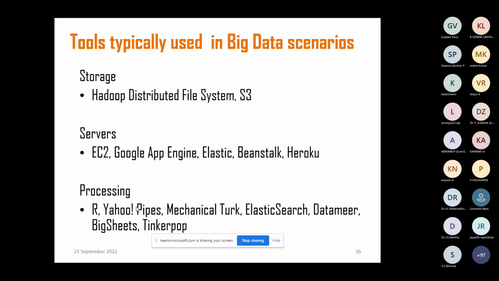This is a search engine based tool which makes use of the Apache Lucene library. Modern search and analytical engines are adopting Elasticsearch, and this is completely an open source tool. And another tool for processing is Datamart. It is a modern analytical tool, which is especially built for warehousing.